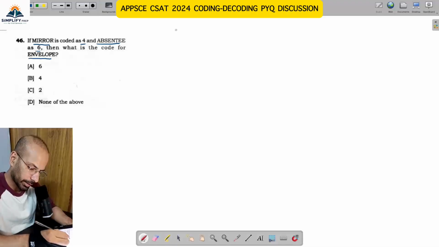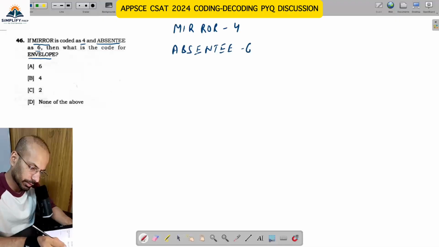Like here, they have been giving code for mirror as 4 and absentee as 6. So now you are asked to find the code for envelope.